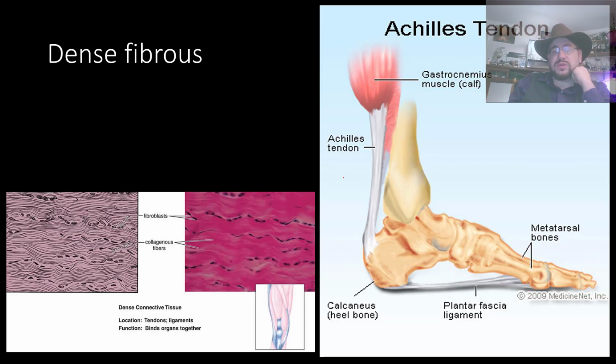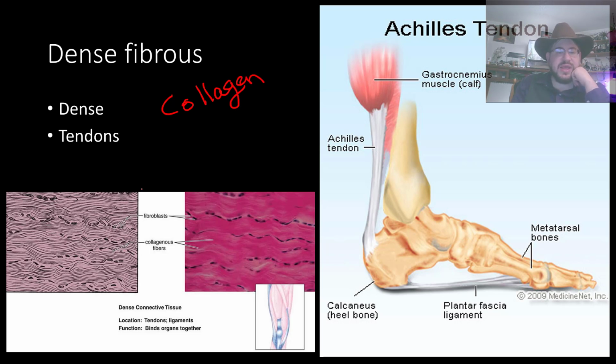Okay, so that's loose fibrous connective tissue, and we can compare it to dense fibrous connective tissue. Dense fibrous connective tissue is highly packed together, and it is primarily dense layers of collagen. So dense layers of collagen stacked together.